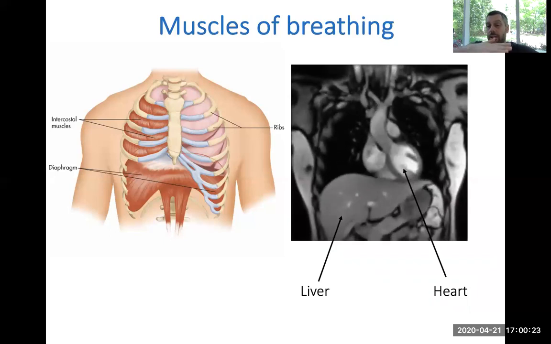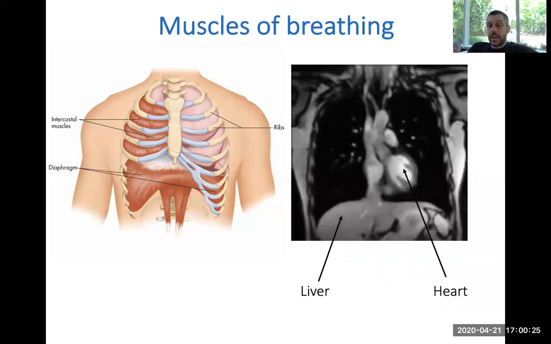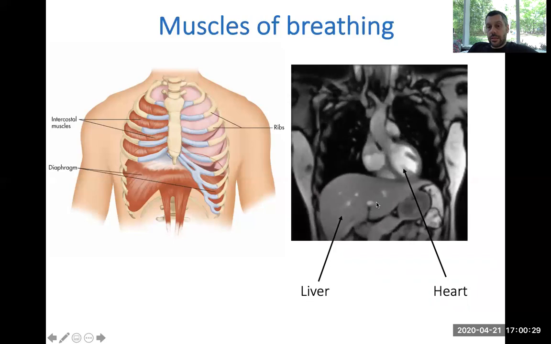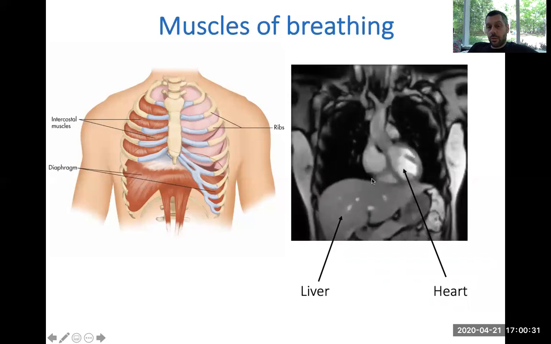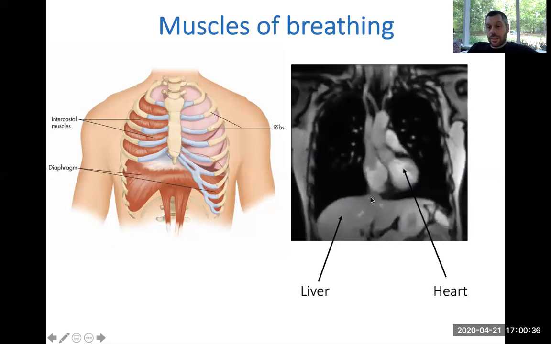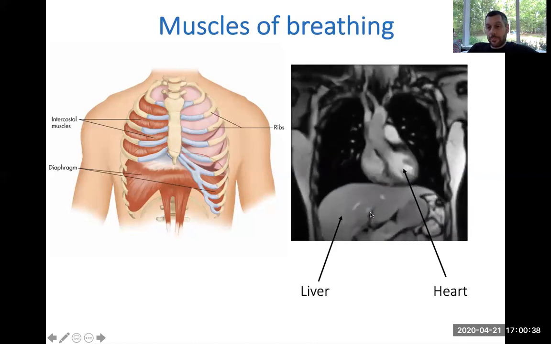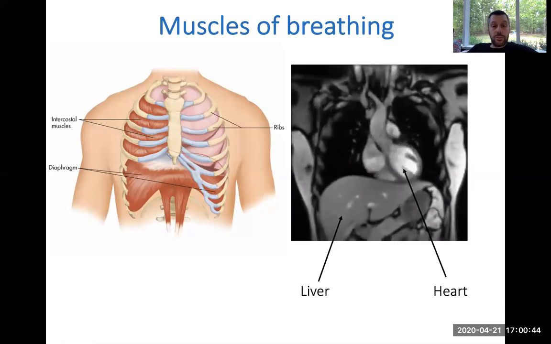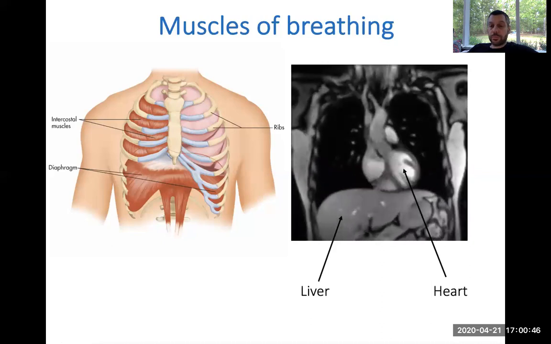When that happens, it actually pushes down on the liver and kind of squishes it down, as you can see in this diagram, in this GIF. So wait for it. There it goes. It's getting squished all the way down, which is just kind of cool because it shows you how much your internal organs can move around.